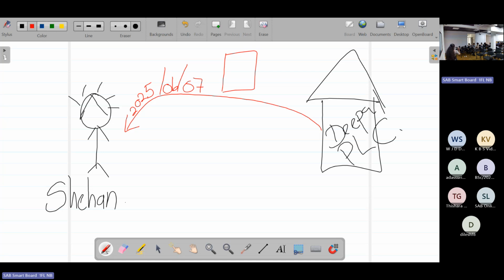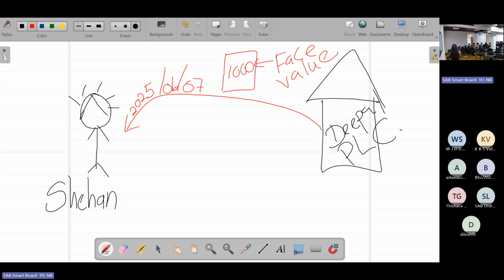Normally, the face value of this bond, it is a bond paper, it has a face value. Face value of the bond equals 1,000.